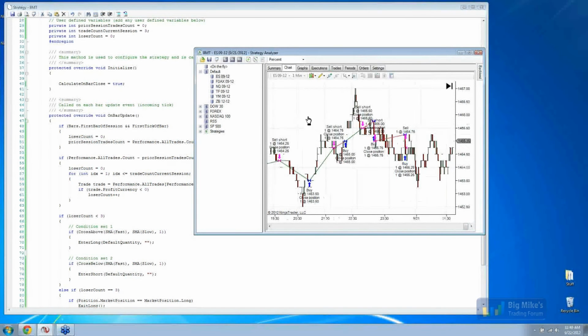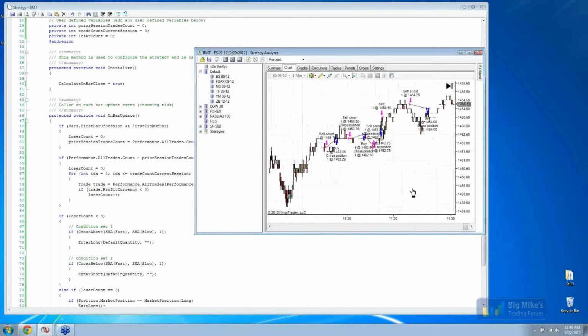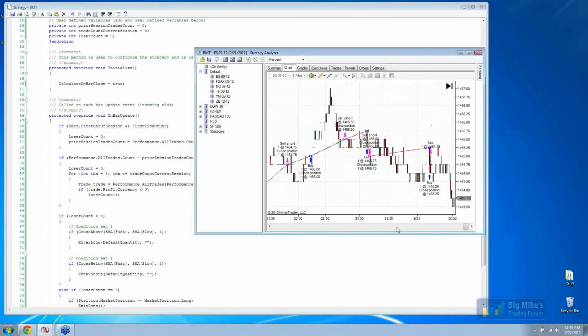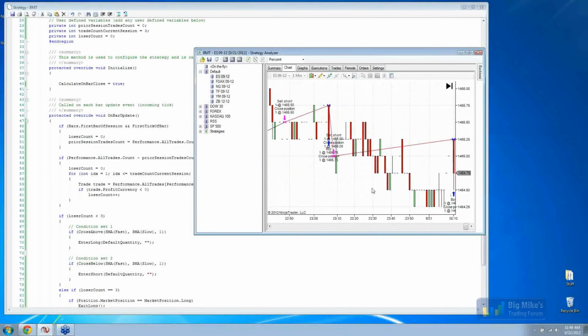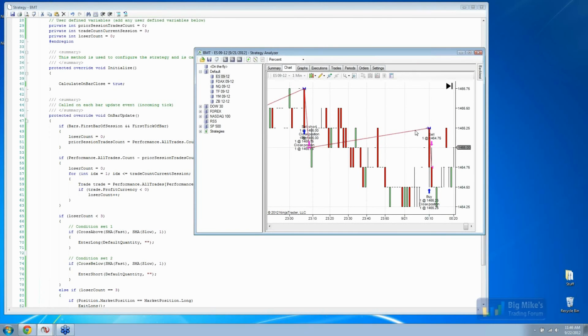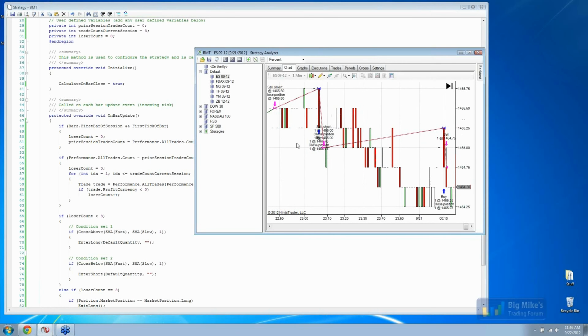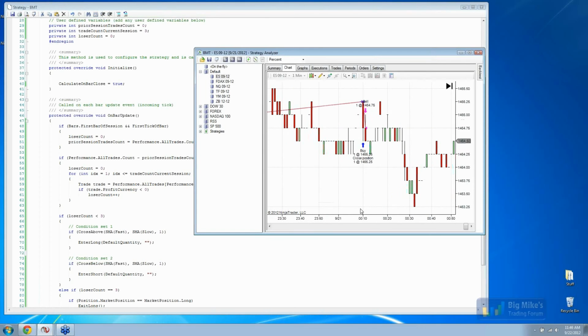Let's find a spot where it may have done 3 consecutive losers in stock trading. I believe here's a spot. So if you notice over here, this is our first losing trade, our second losing trade, and then our third losing trade. Oh, actually, our code's a little bit off then. Wait, let me take a look. 1, 2, 3, 4. Okay, so our code's a little off.